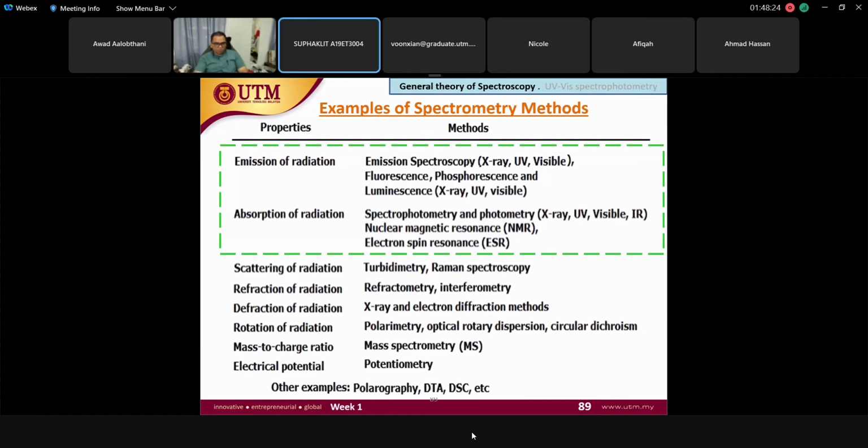So Paklit, you're asking about can we use several techniques to analyze one type of analyte? Like, do we have to use many techniques to determine, or it can be determined with one technique itself? Okay, thank you, Paklit, for the question.